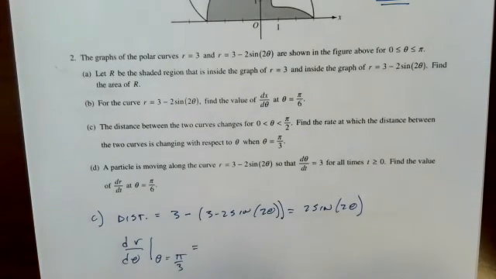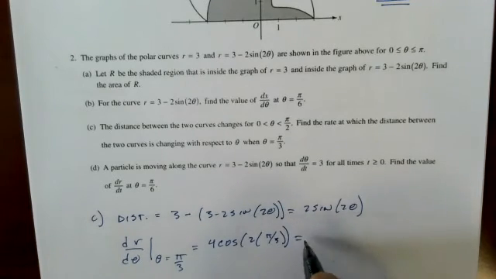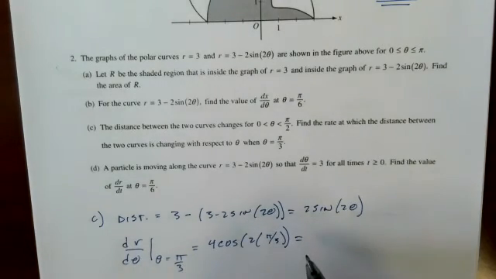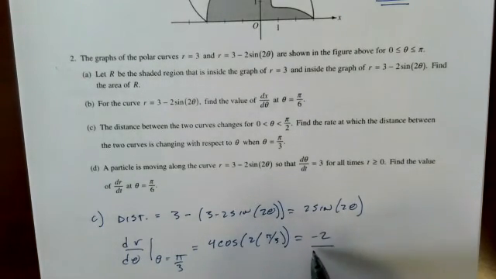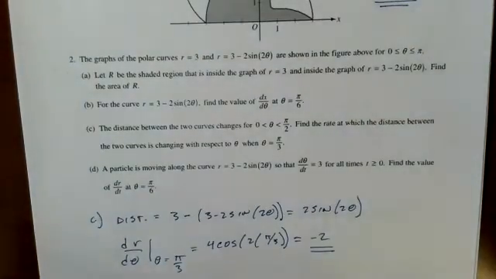Just do it in a calculator. I mean, I'll do it here. It's 4 cosine of 2 times pi over 3, which is cosine of 2 pi over 3, negative 1/2. It's negative 2, which is what you should get in a calculator. That's it. Done. 2 points.